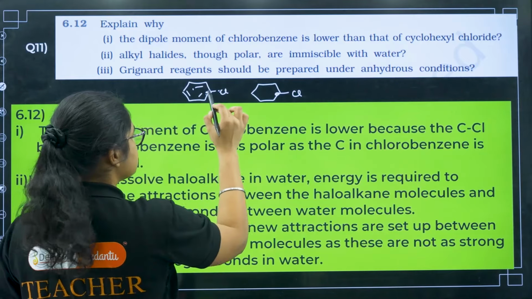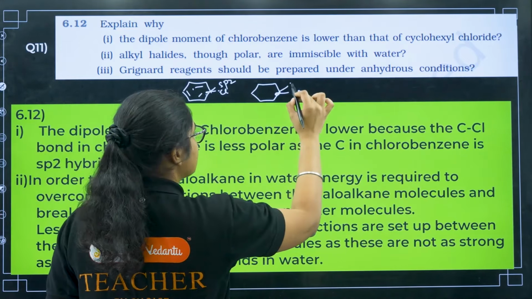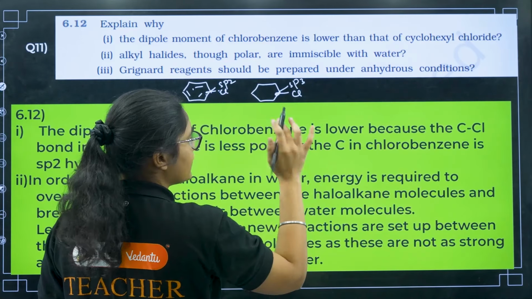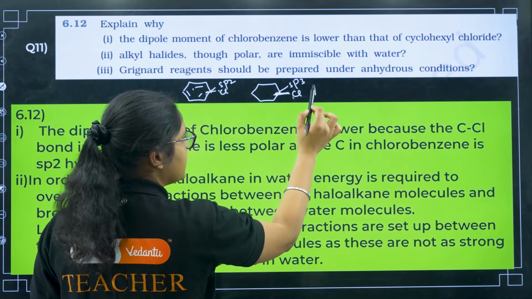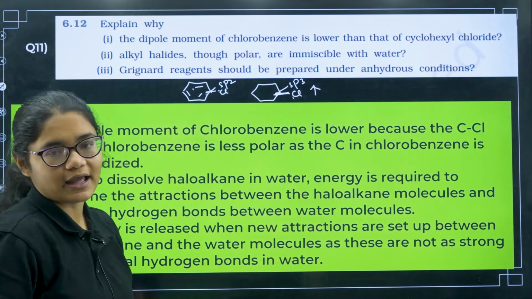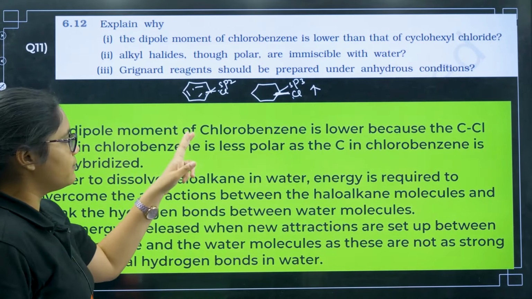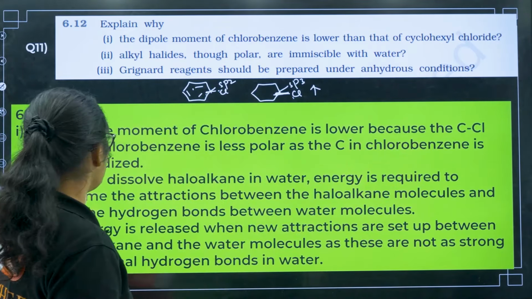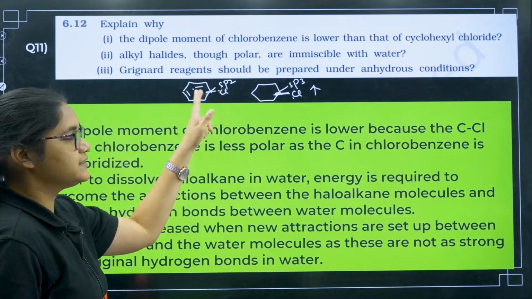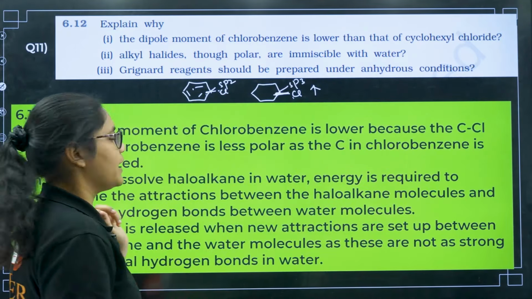But here, this is sp2 carbon, it is highly electronegative. This is sp3 carbon, which is less electronegative. So here the electronegativity difference between the carbon and the chlorine is more, so it has higher dipole moment. How can you write? The dipole moment of chlorobenzene is lower because the C-Cl bond in chlorobenzene is less polar. Why? Because the carbon in chlorobenzene is sp2 hybridized.